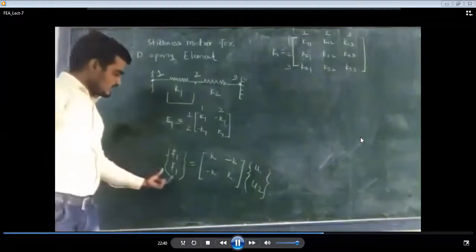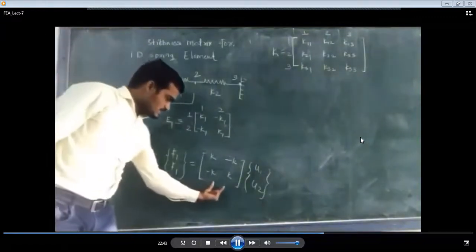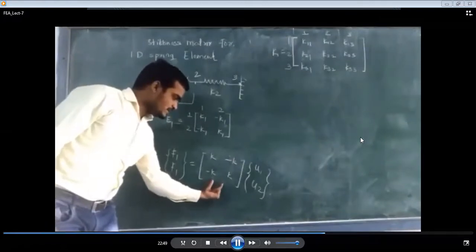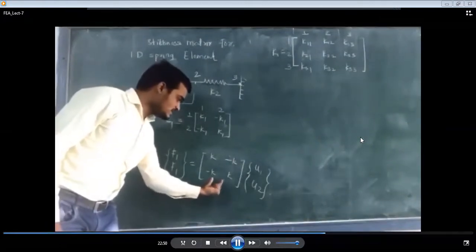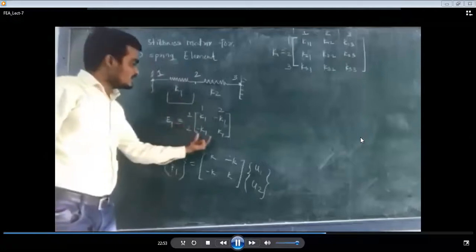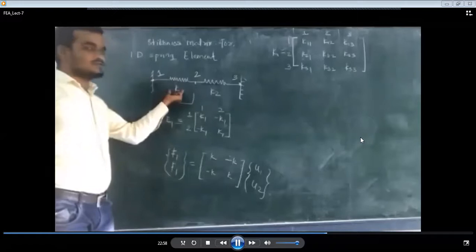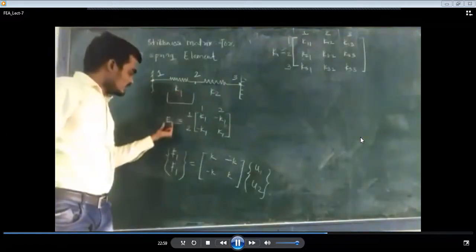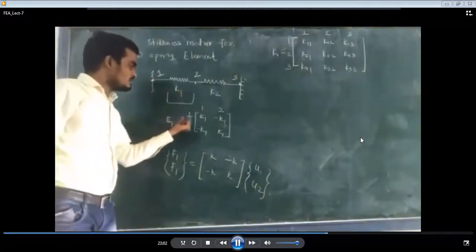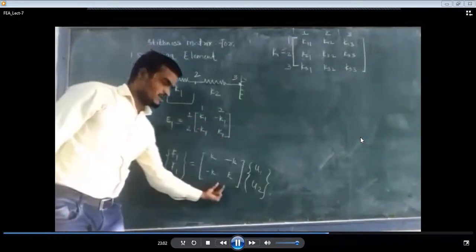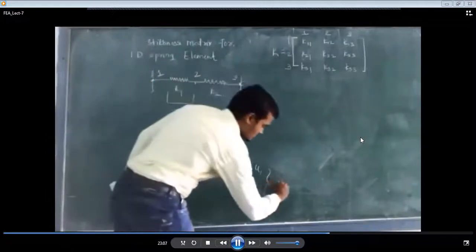So from this stiffness matrix you can construct the first elemental stiffness matrix, where instead of K there is K1.